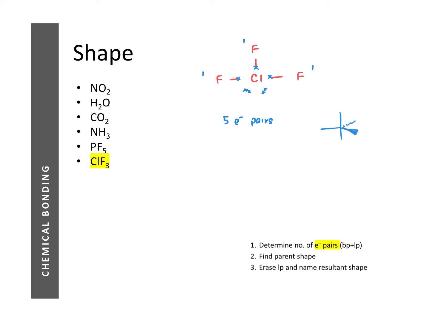Out of these 5 electron pairs, 2 of them are lone pairs. So what do you call the resulting shape? We need to erase 2 lone pairs. So there, the resulting shape is your T shape. So now, chlorine trifluoride actually has a T shape, and the angles between your fluorine-chlorine-fluorine bonds will be 90 degrees.